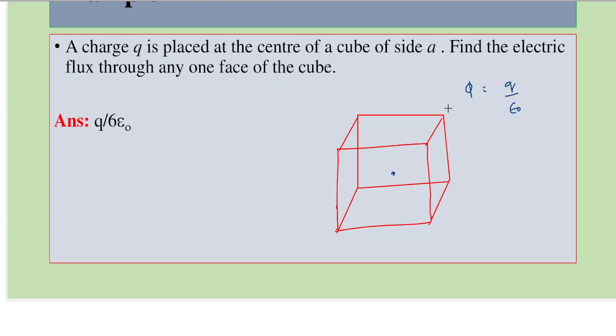So we can say that the flux through any one face would be 1/6 of the total flux, because the cube contains 6 faces. That is equal to 1/6 into Q by epsilon naught. So this is the required answer.